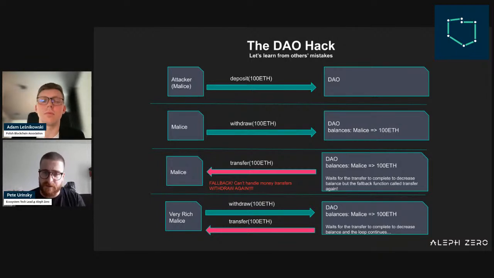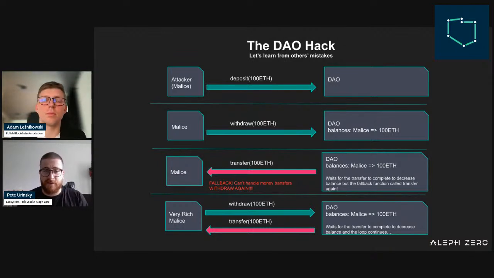One would be the receive method, and the other one would be the fallback method. And the fallback method is quite dangerous because it can include arbitrary logic in its body. So the way this hack actually happened was someone deposited a certain amount of ETH. Let's say it was 100.